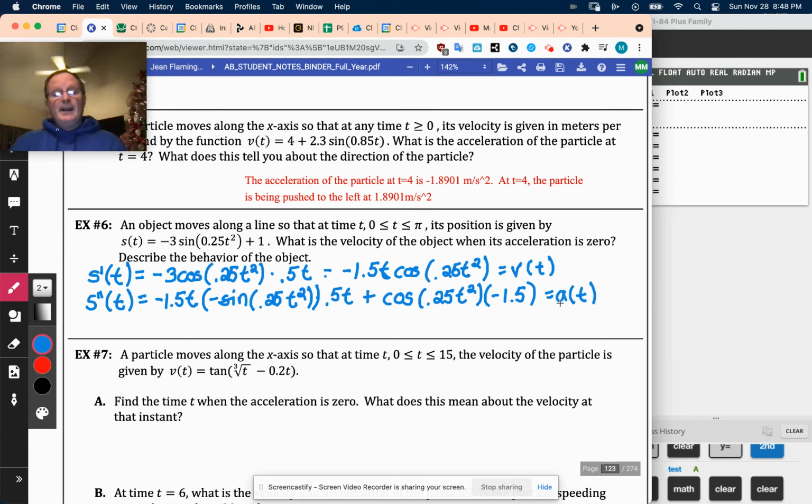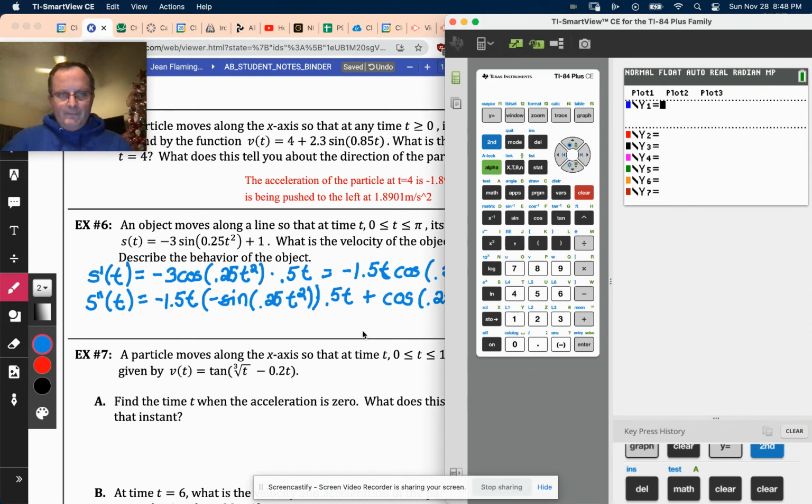So I can find when the acceleration one is equal to 0, find that moment, and then substitute that into the velocity equation, which is right here. That's one way to do it. And then I want to show you another way too that you'll probably think is equally cool.